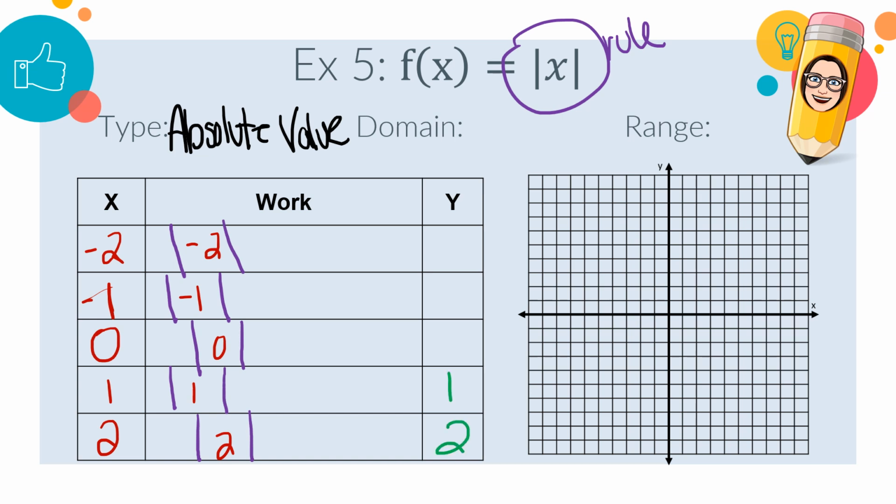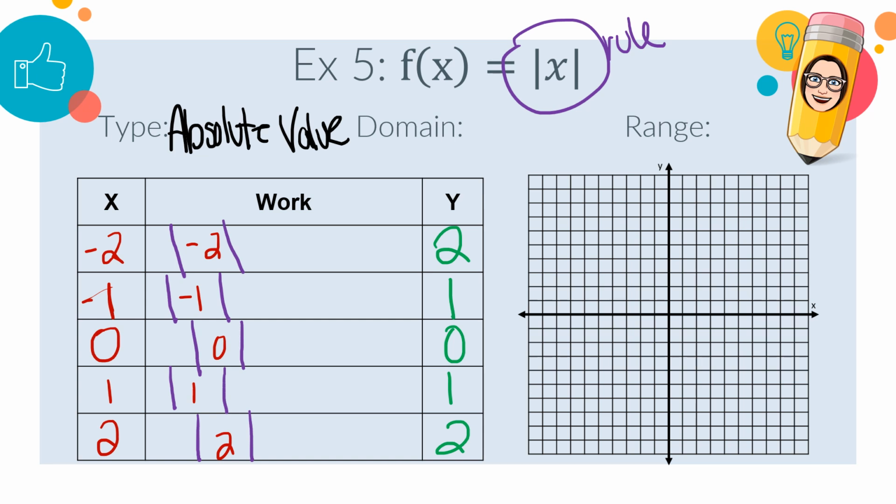The distance from 1 is 1. The distance from 0 is 0. But watch what happens with the negatives. The distance from 0, -1 is 1 unit from 0. -2 is 2 units from 0. Meaning the shortcut idea is absolute value causes you to take that final number and get rid of the negative. That's a generic way to say it. We drop the negative of our final number.